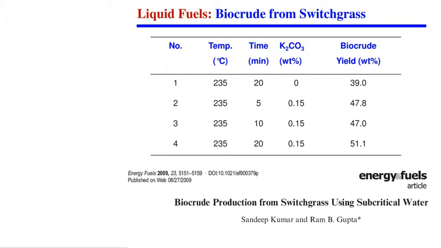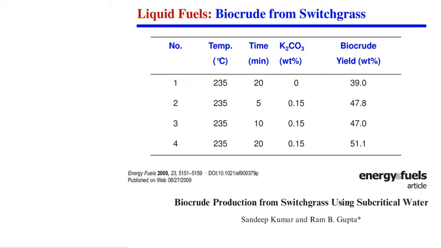What helps here, water sometimes cannot be sufficient alone. We can add some acid or alkali to expedite the reaction. In this case I used potassium carbonate, 0.158%, a little bit of it. And then we see that at different reaction times, the highest yield was up to 50% of biomass produced as a biocrude. So this is one of the good applications.